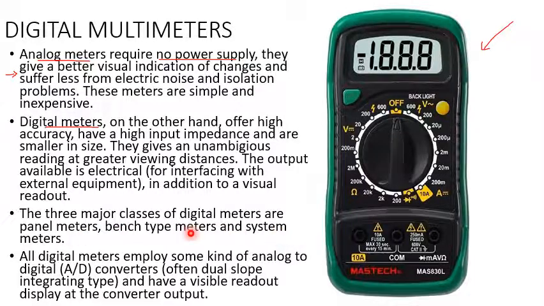We'll discuss details of these three, but just know that digital meters come in three types: panel meters, bench type meters, and system meters. Obviously it requires an analog to digital converter. All digital meters employ an analog to digital converter and require a readout. These points you have to remember.